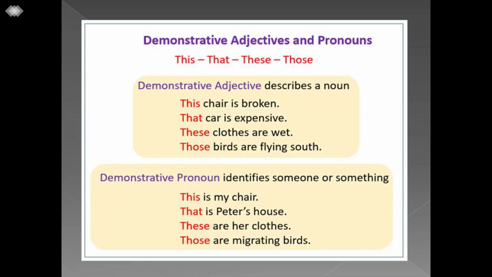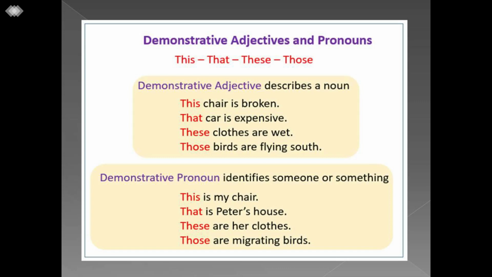Dear students, you must be wondering what is the difference between demonstrative adjectives and demonstrative pronouns. In front of your screen, you can see examples of the demonstrative adjective and other examples of the demonstrative pronouns.